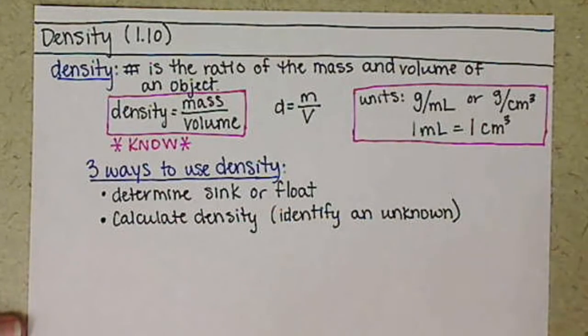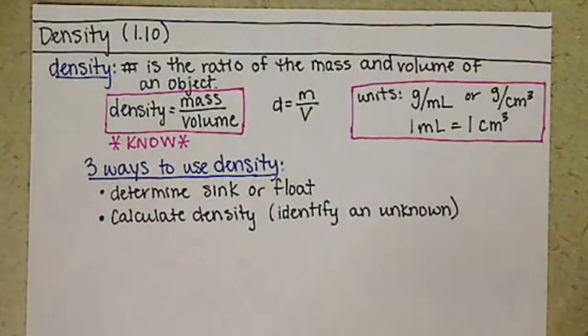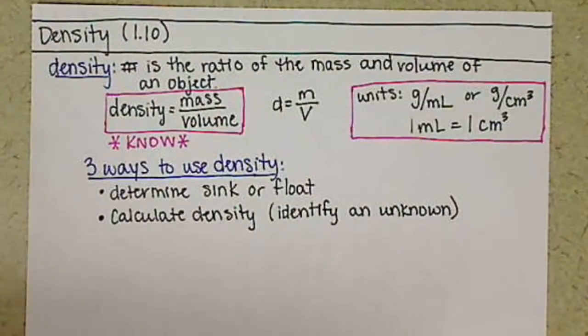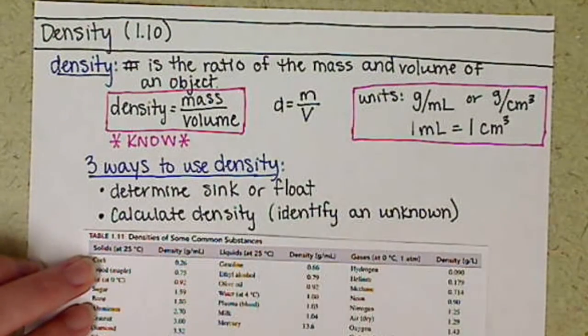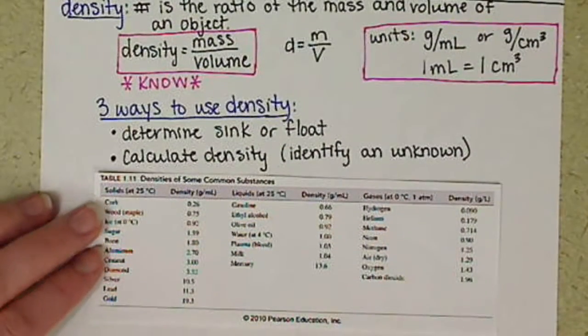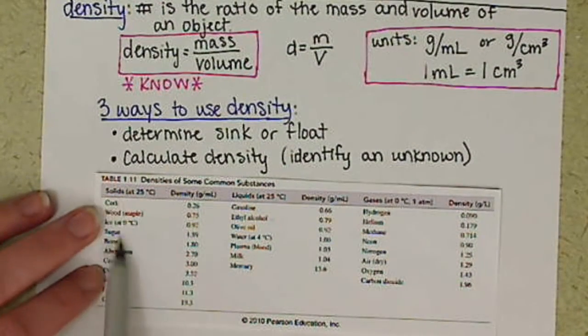Pure objects have a very specific density that can be published, and there's a table in your book. Again, I didn't look up the change in the number. Let me look at that really quick. Table 13 is what this is now reported as. But there's a number of different densities.